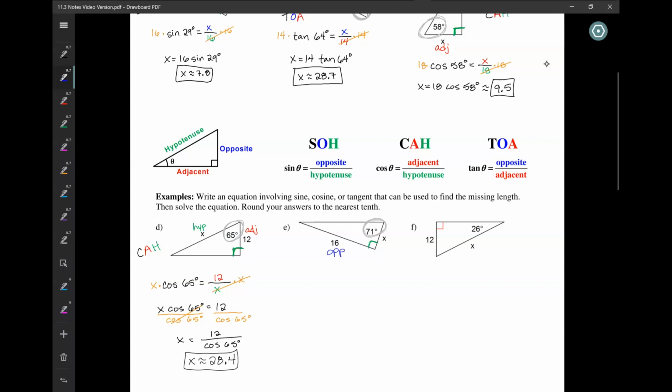And the x is right next to that, but isn't the hypotenuse, so the x is adjacent. So opposite and adjacent, that would be TOA, tangent. Tangent is opposite over adjacent.